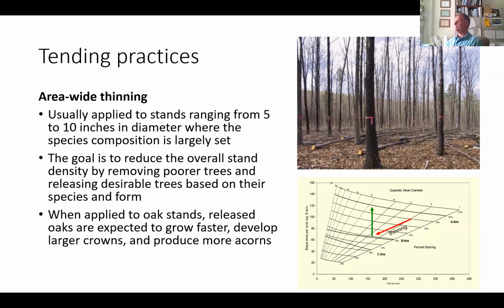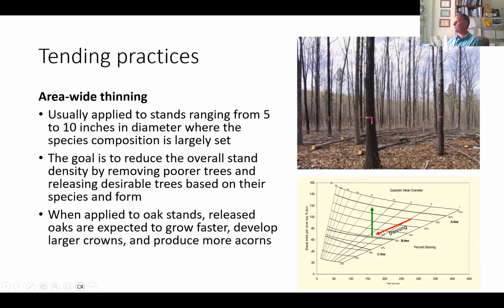And I have a little diagram here on the lower right that shows us what's called a stocking diagram. Foresters use this pretty routinely to decide what density levels to apply to stands for different practices. And when we're thinning stands, we might be up here at a high density, close to this A line. And this red line shows that we might thin the stand.